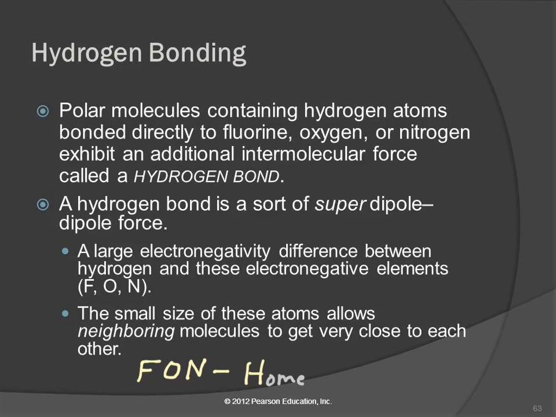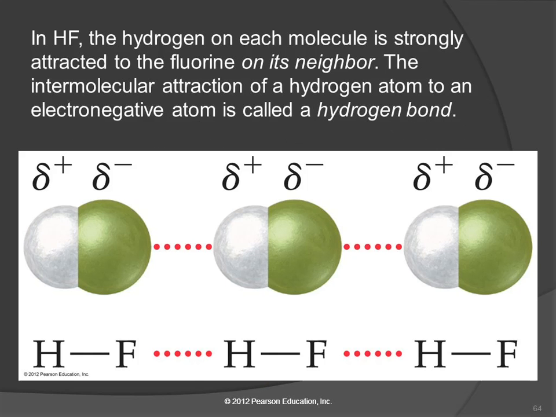Because the distance between the metal surface of your refrigerator and the magnet has gotten too large. These forces of attraction are very sensitive to the distance of separation. And so because these atoms, fluorine, oxygen, nitrogen, and hydrogen, are all very small, they can get really close together, and so we have these significant forces called hydrogen bonding.